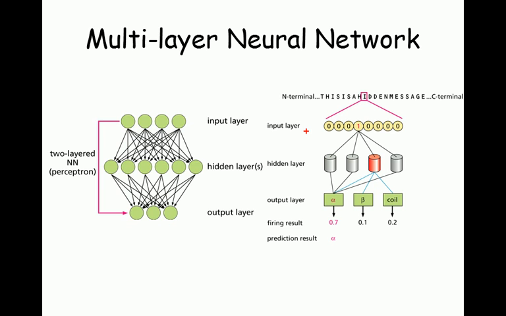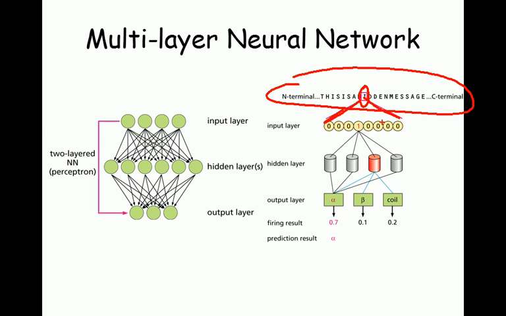So here you have this protein sequence. If you look at just this I, we encode it using our encoding scheme of having a 1 for that amino acid and zeros everywhere else. So your input is going to be 0, 0, 0, 1, and the rest are 0. The third input node is activated.